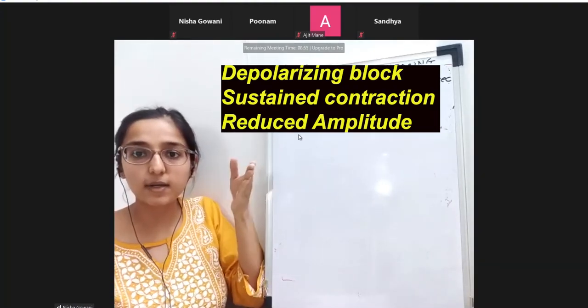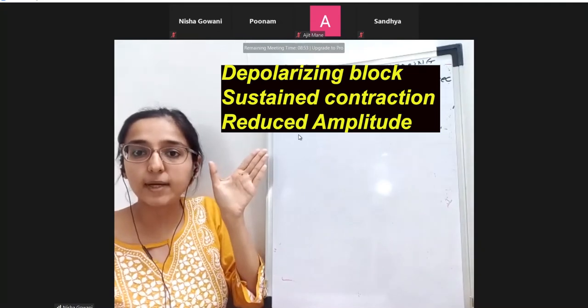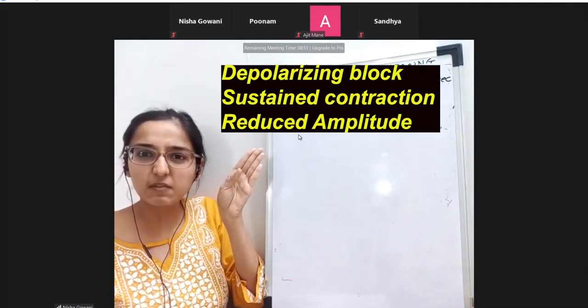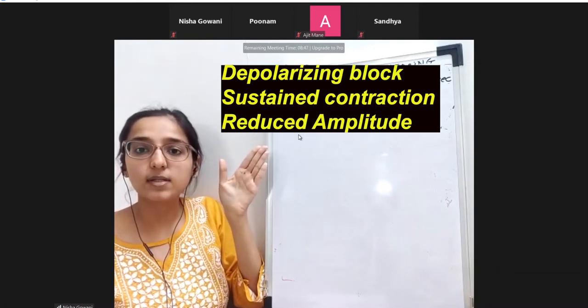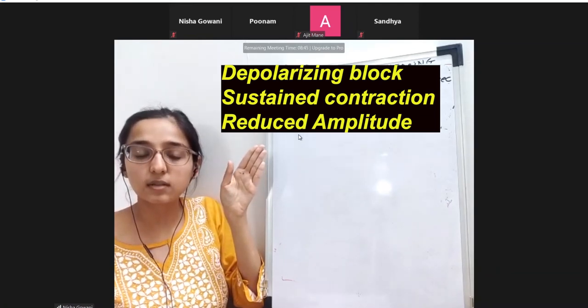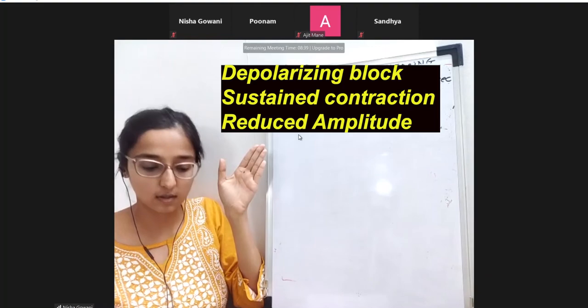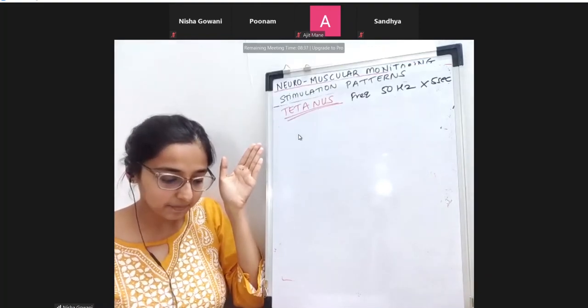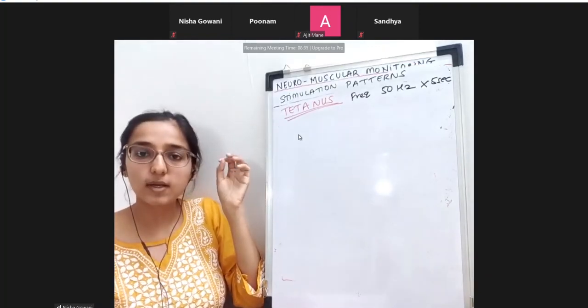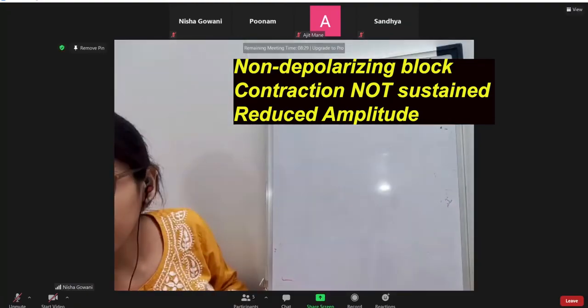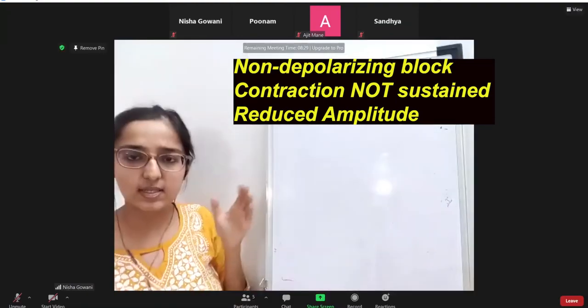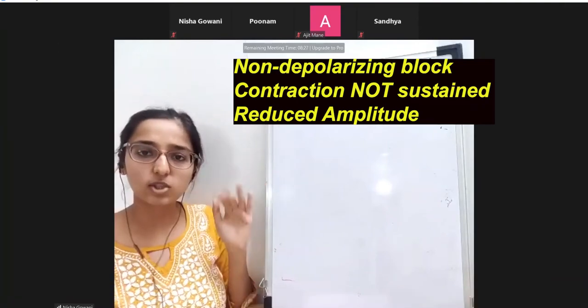Sustained contraction, but it's not complete. When the patient was awake, it was like this. Now under scoline, it is a sustained contraction, but the amplitude of contraction has decreased. You notice the amplitude has become less. Then in a non-depolarizing block, like atracurium, rocuronium and all that, there will not be a sustained contraction, and the amplitude will go down.